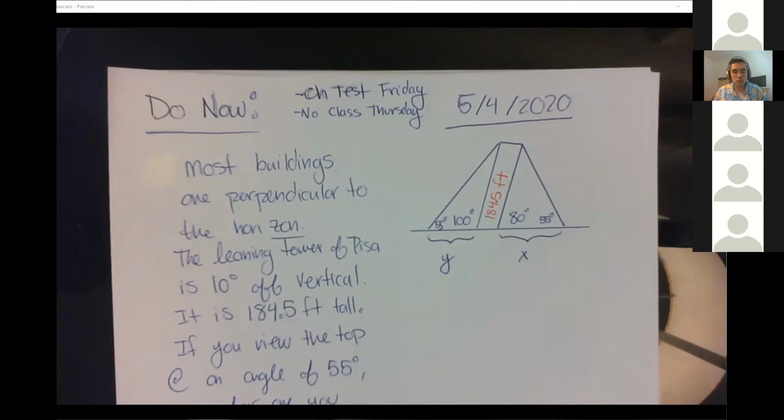Mr. Robinson, not pertaining to this specific do now, but if you get a number and you're going to round to the nearest hundredth, but it's like 0.004, then how do you do it? Because there's nothing in the hundredths. Wait, 0.004? Yeah.